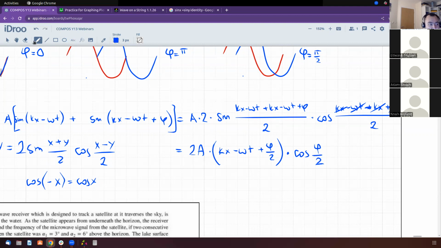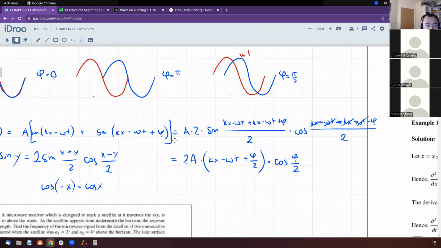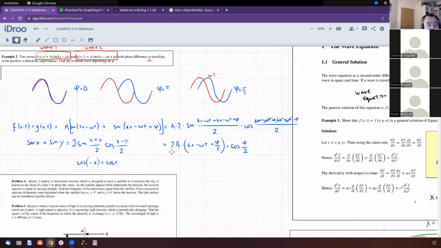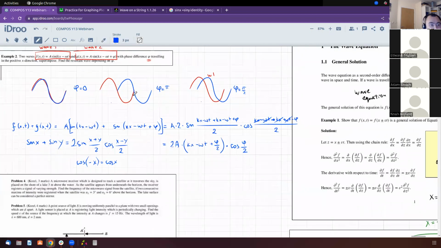So what do we have here? This is the superposition of two waves with a phase difference of phi. You can see that this sine is the oscillating part, so this is still a wave. This is a wave of amplitude 2a, but then it's multiplied by cos of phi over 2.